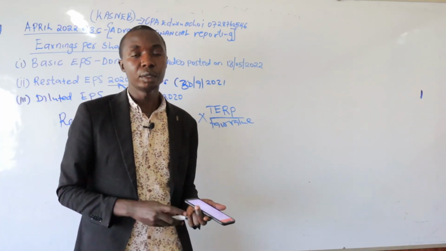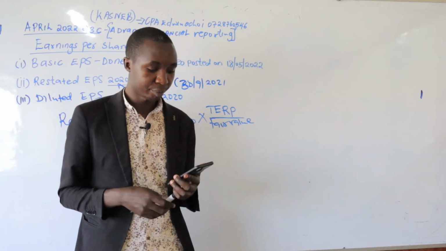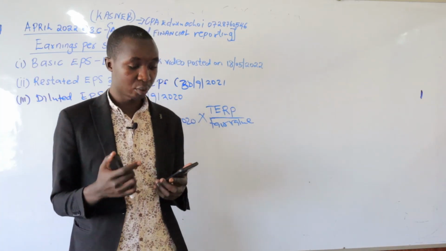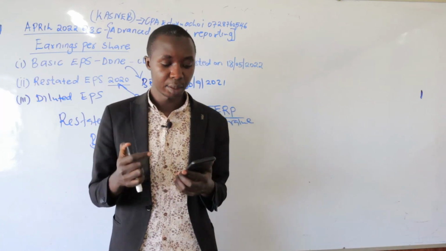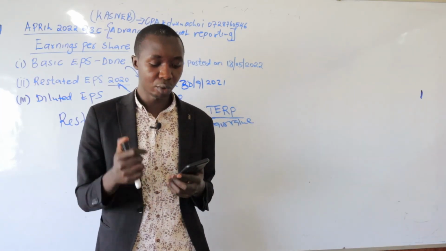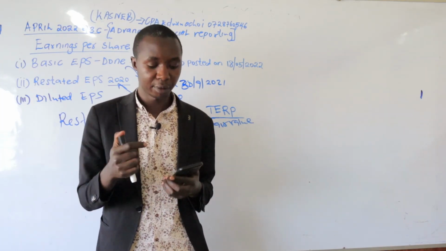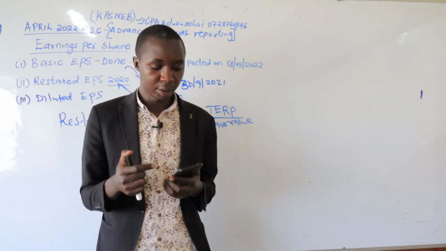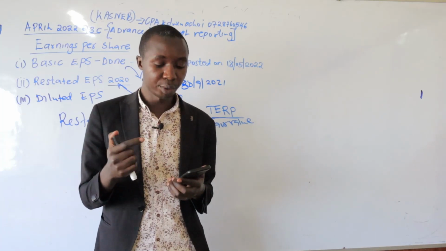So in this question of ours, in the 3rd paragraph of question 3C, they said our reported profit for the year to 30th September 2021 from continuing operations was 14,575,000, and in brackets for 30th September 2020, 15,100,000.